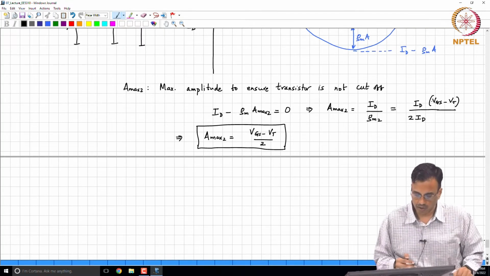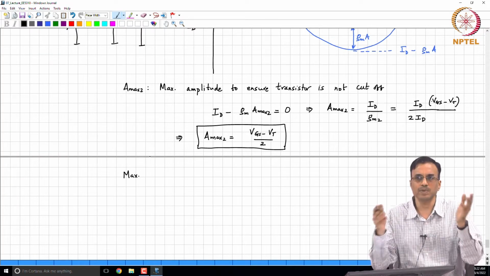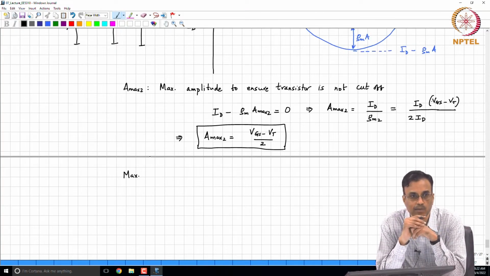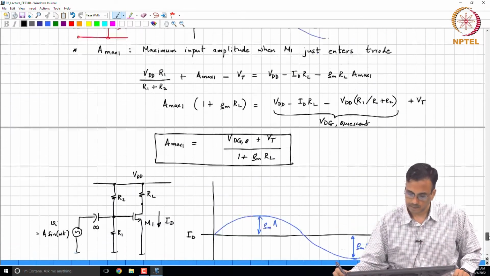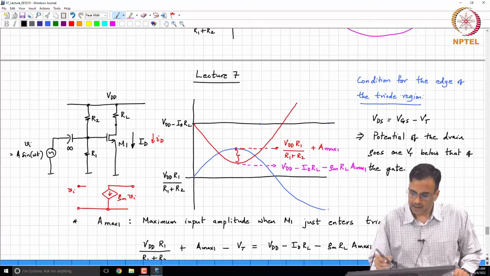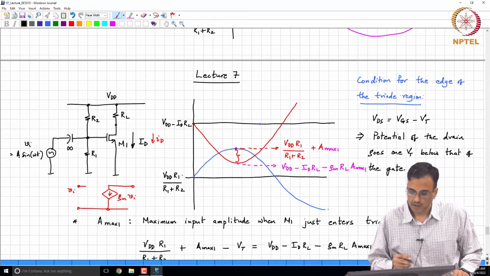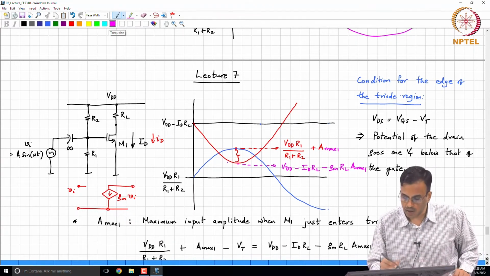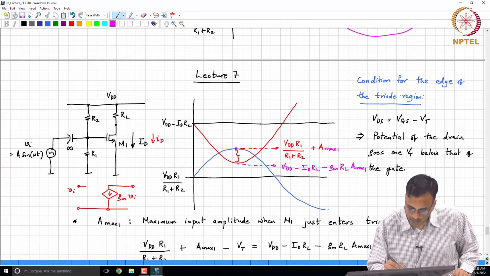So, the maximum input amplitude. By the way, what happens if the transistor gets into the triode region? What comment can we make about the output waveform? Remember, ideally the output should look like that shown in the red curve. If you now increase the input amplitude beyond the limit for triode region operation, what happens?